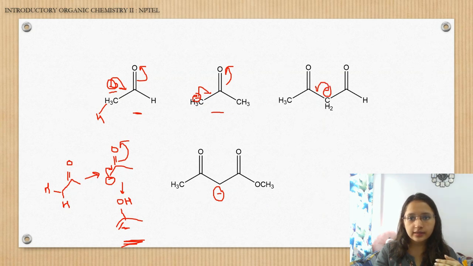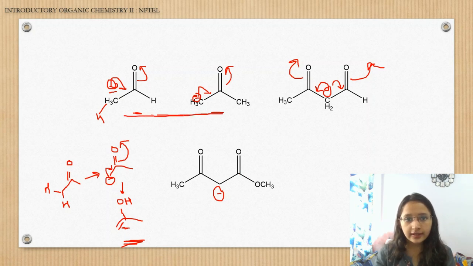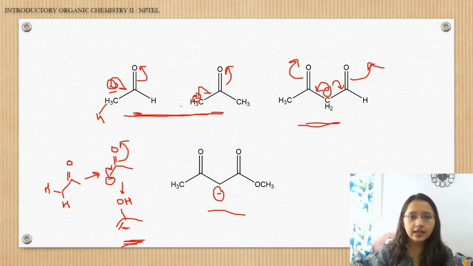This carbanion is stabilized by two carbonyl groups due to delocalization. In this case also, they are stabilized by two carbonyl groups. But amongst these four, these two have more enol character than the ketone and aldehyde.